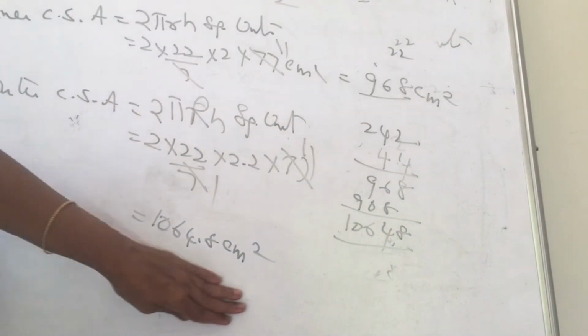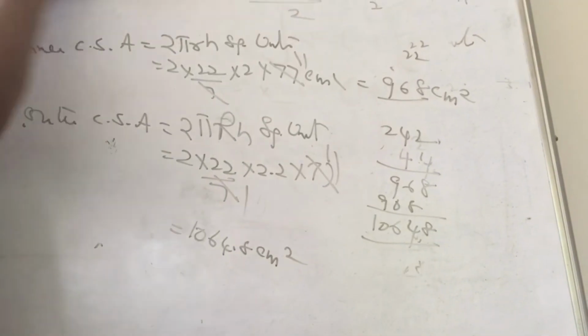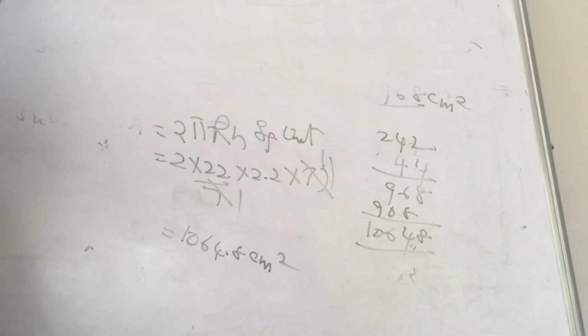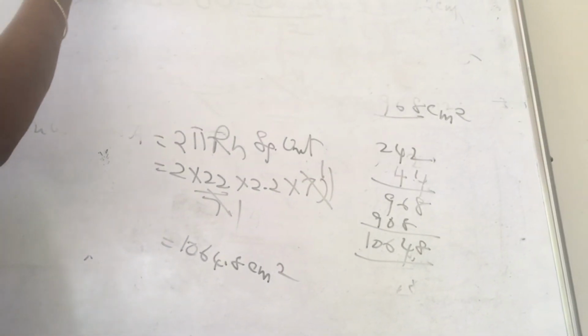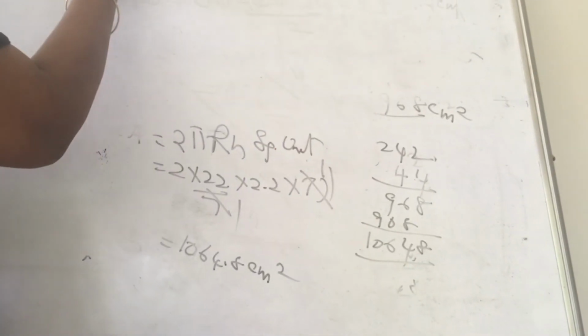And what else are you asked to find out, children? TSA. Yes? Can you say the formula for TSA, children? TSA of the metal pipe.